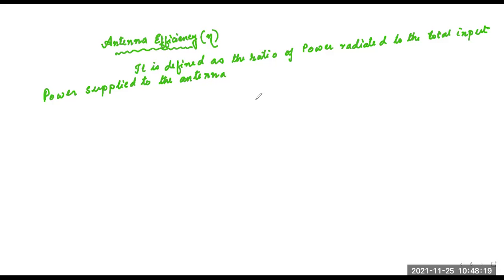So it is defined as the ratio of power radiated to the total input power supplied to the antenna.